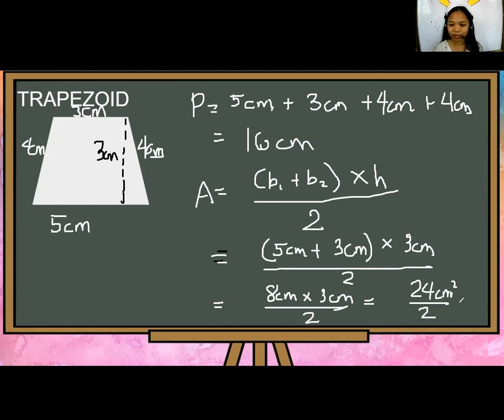And 24 centimeters squared over 2 is just like 24 centimeters squared divided by 2. 24 divided by 2, that is equals to 12 centimeter squared. And that is our area and perimeter. That's it. Isn't it easy and amazing?